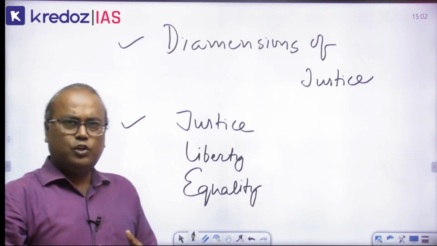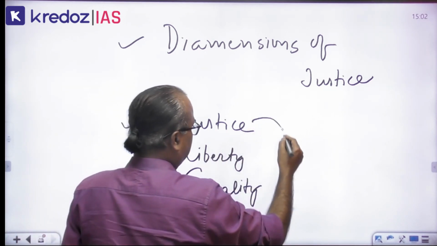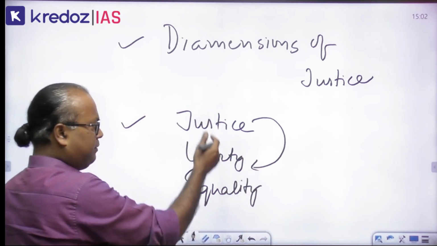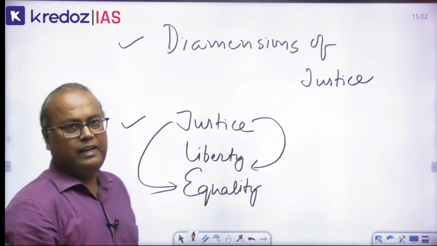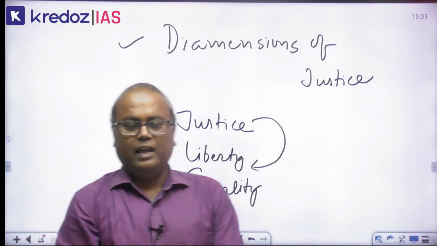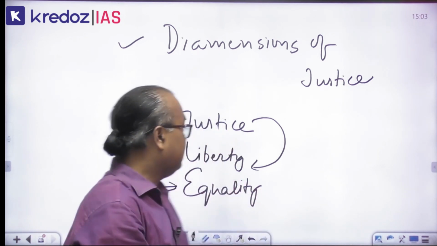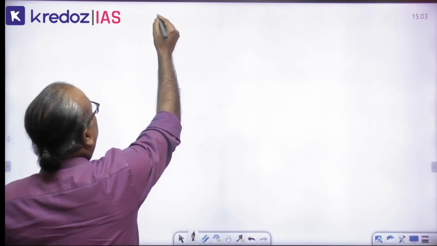Here you have to understand the relation between justice and liberty, and the relation between justice and equality. Okay. And the next part as far as justice is concerned, and it is going to be the most important part, and that is the Rawls theory of justice.